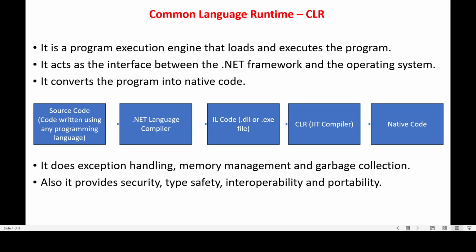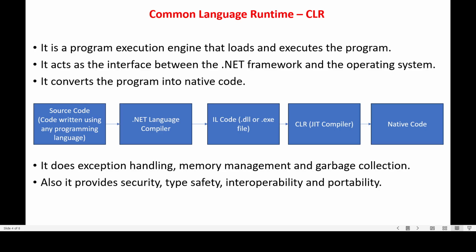What is memory management? When we write any program and create any object, the object needs some memory from the computer. The object is stored in some location; it allocates the memory. But after some time, the task of that object is completed, and I don't want that object any longer.